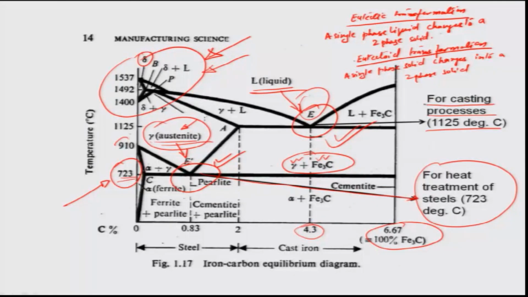So, in this case, as you know, the austenite is already an FCC structure, and then you are going to convert that into perlite, which is again a two phase solid structure.